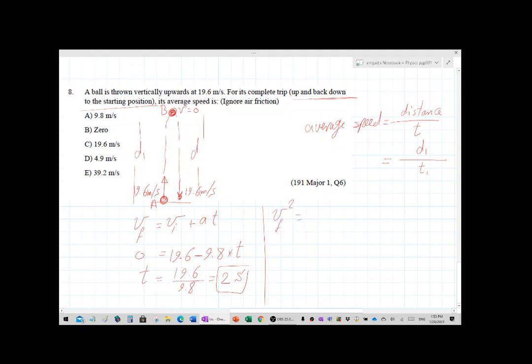I think if we use the other one, it might be better. V final square equals v initial square plus 2g delta s, and delta s here is the distance d. V final is 0 equals v initial, which is 19.6 square, minus 2 times 9.8 times d. So the distance is 19.6 square divided by 2 times 9.8.